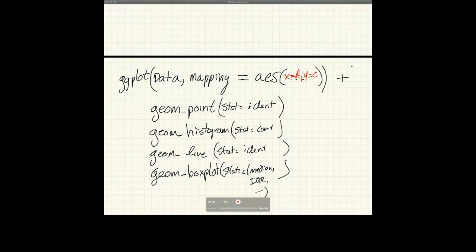Okay? And next week, we'll talk a lot about what geometries I mix with what statistics to make my point. But the main idea here is that the actual geometry, the actual shape or style of thing that I'm plotting can actually be distinct from what the statistic is.